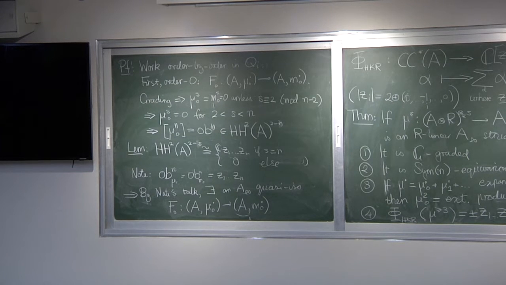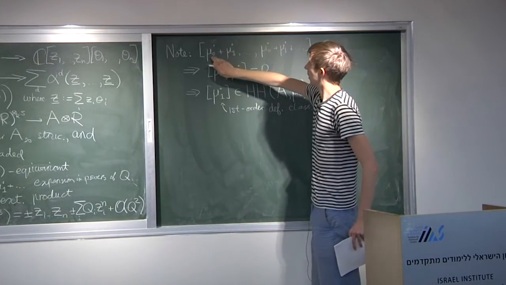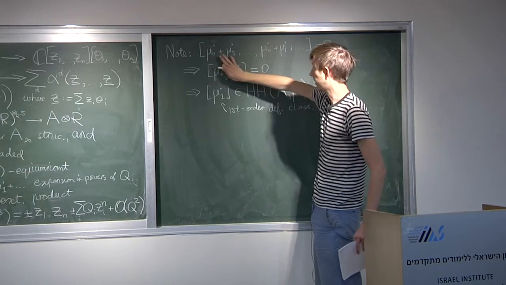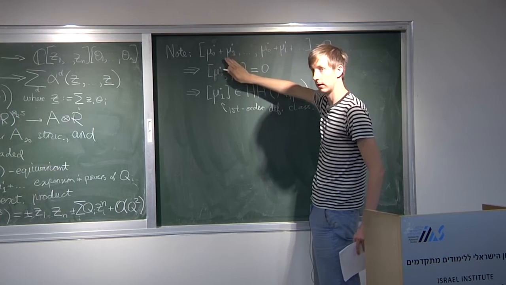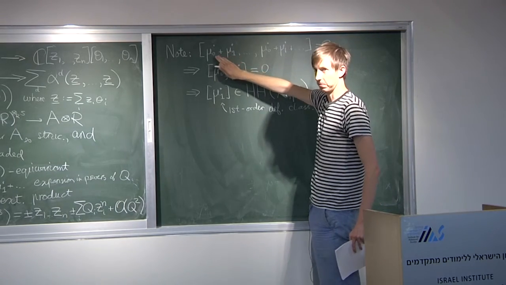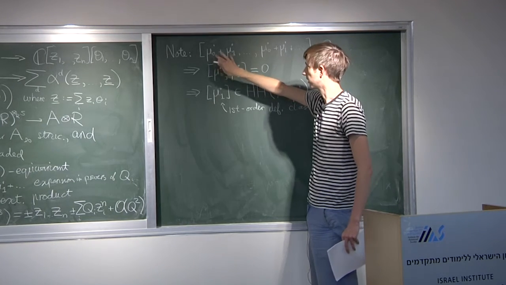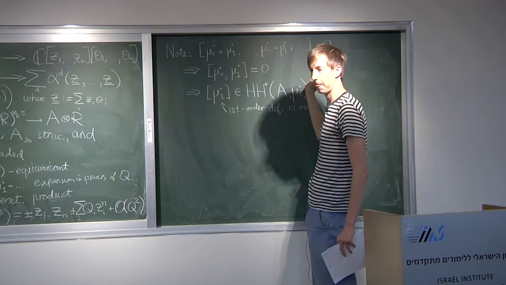This is called the first order deformation class. So we have this A infinity structure that we can expand in powers of the qi. The A infinity equations say that when we take the Gerstenhaber bracket of this guy with itself, we get 0.